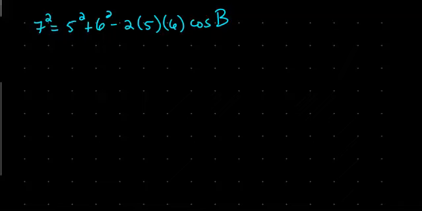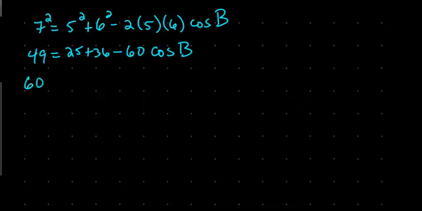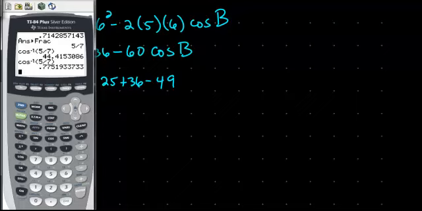How are we looking on time? Okay, I got time to finish this one. So let's get 49 equals 25 plus 36 minus 2 times 5 is 10 times 6 is 60 cosine of B. Let me take the 60 cosine B to the left, and I'm going to take the 25 plus 36 minus 49, and to save time, I'll let the calculator do the work there. 25 plus 36 minus 49 gives me 12.